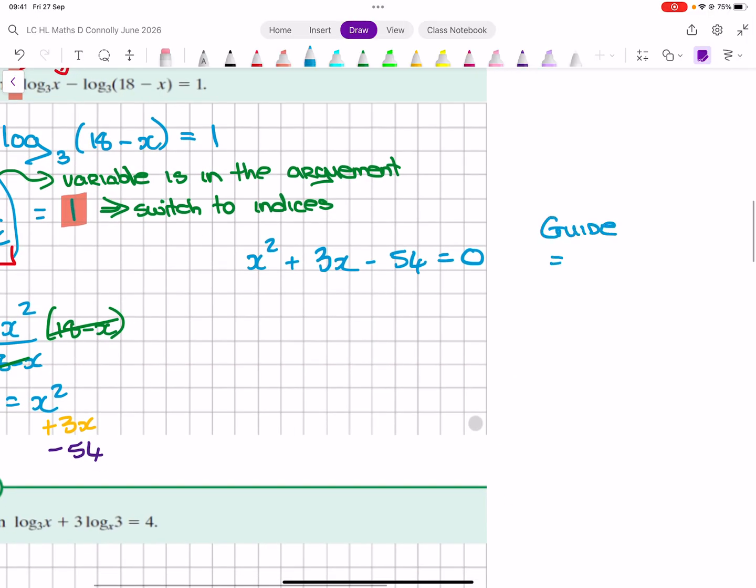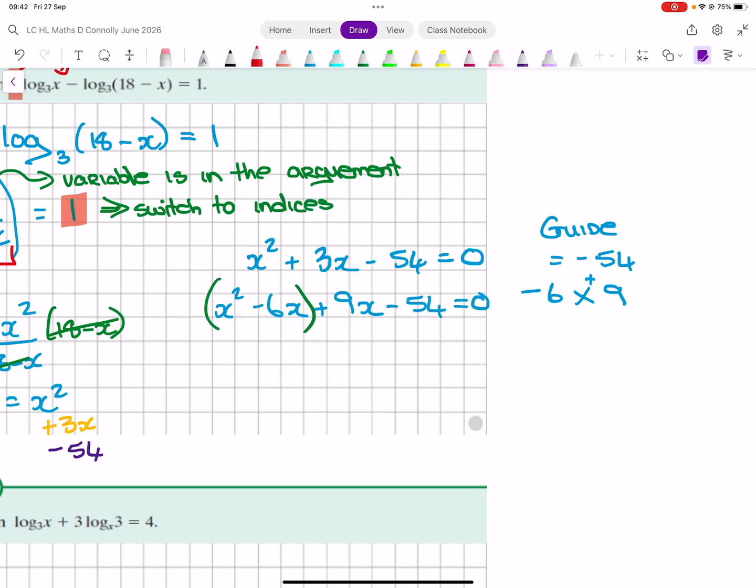So the guide is minus 54. Factors of minus 54 to make 3: 6 by 9. I need plus 3, so it's plus here and minus here. That is x squared minus 6x plus 9x minus 54 equals 0.